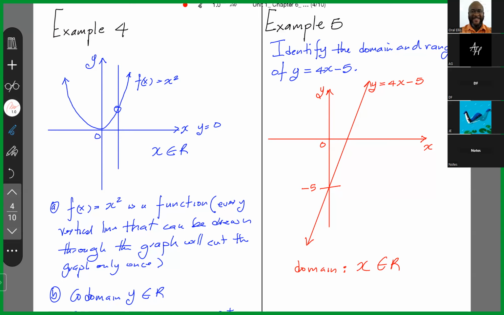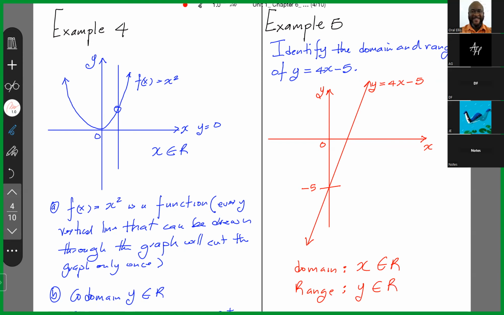Everywhere, for every value of X, this graph exists. So the domain is X is an element of the set of what? Real numbers. The range is Y is an element of the set of real numbers.